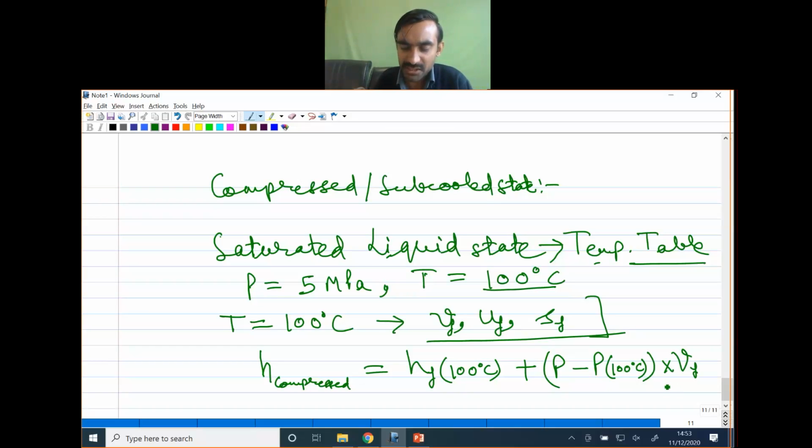By using this equation we can determine the corresponding increase of enthalpy from this particular saturated state to the state of high pressure.